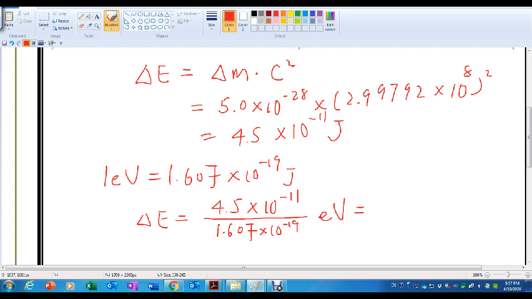That makes sense? Alright, hopefully. So when you do that, you will see 2.8 times 10 to the power 8 electronvolt.